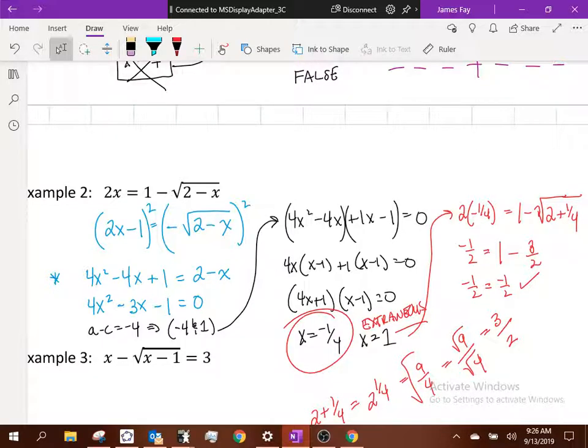And notice my table is not filled in, right? So I'm going to ask it some x values. I'm going to ask it 1 and hit enter. And you see then it's telling me 2 equals 0 essentially there. Well, that's a false statement, right? So 1 is extraneous. I'm going to ask it for negative 1/4.